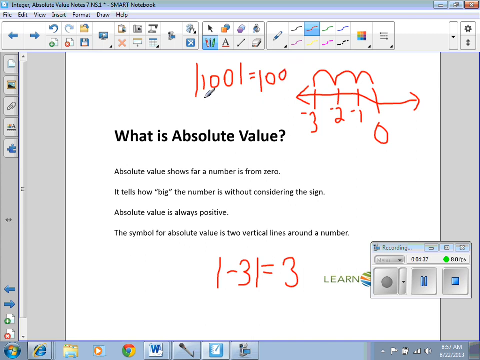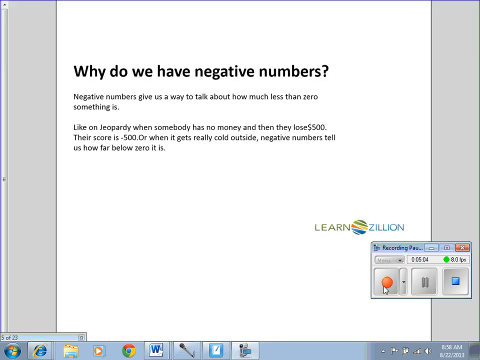But if I have a negative 100, the absolute value of that, well, is still 100. So regardless if it's positive or negative, the absolute value is merely the distance that that number or integer measures from 0 on the number line.